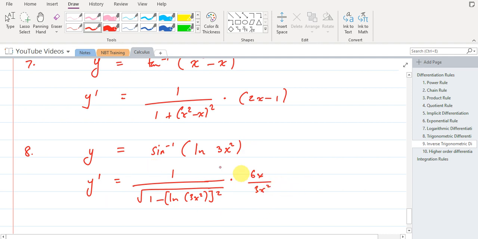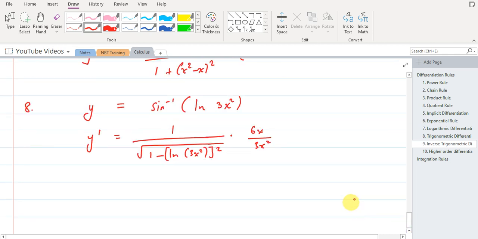Unsimplified answer, that's what it is. If you want to simplify, we will get something much easier.